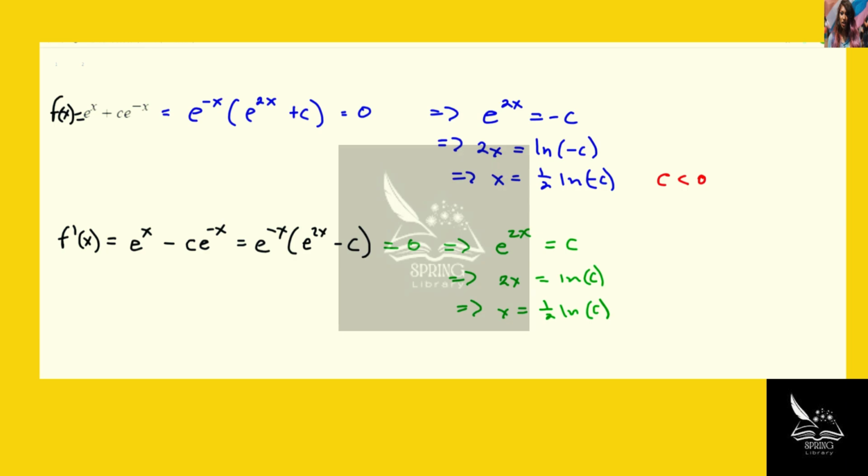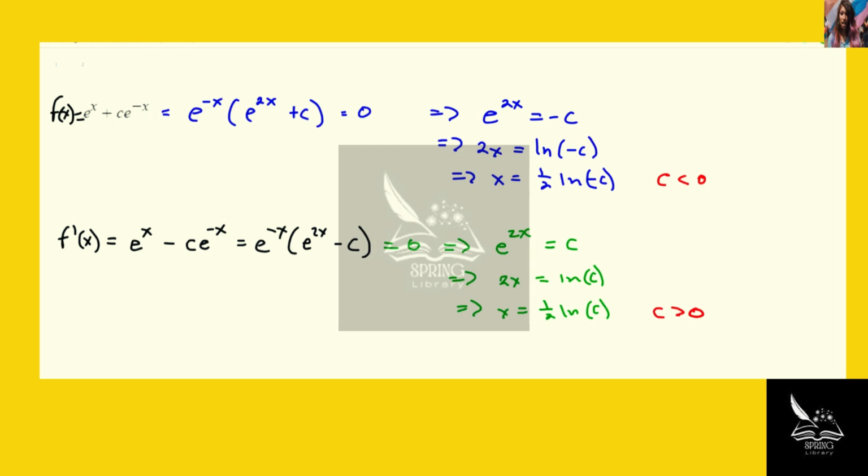And now we will only have a maximum or a minimum when c is strictly larger than 0, for the same rationale as before. We can't take the natural log of 0, nor of something negative. Let's see if this will be a maximum or a minimum.